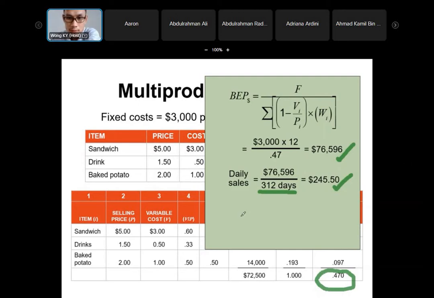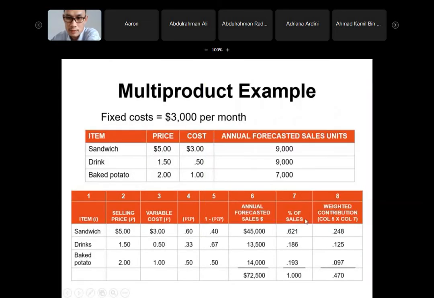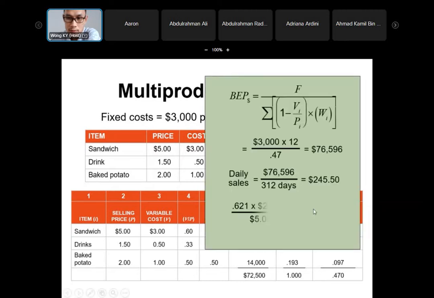So you can calculate it like this. You use 245.5. You times with the weightage. Okay, weightage is 0.621. You times the weightage and then divide back with the selling price.